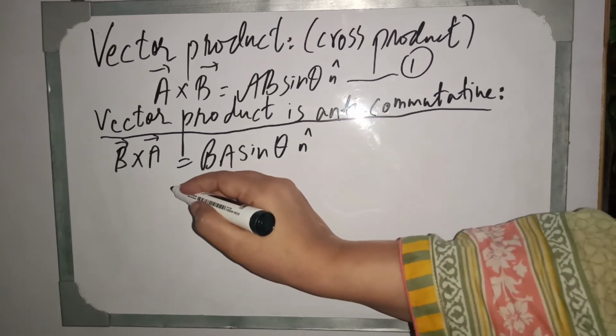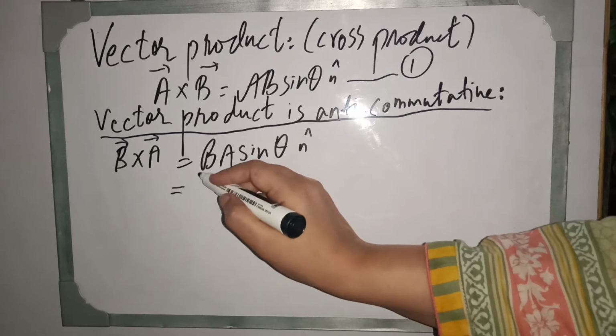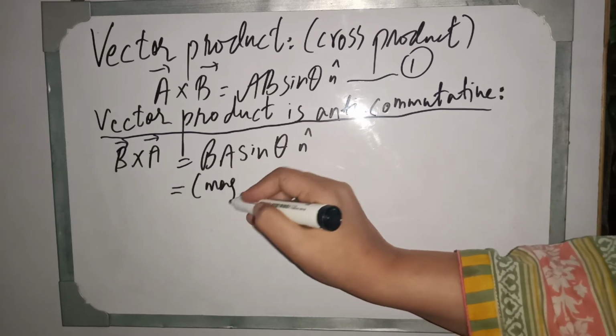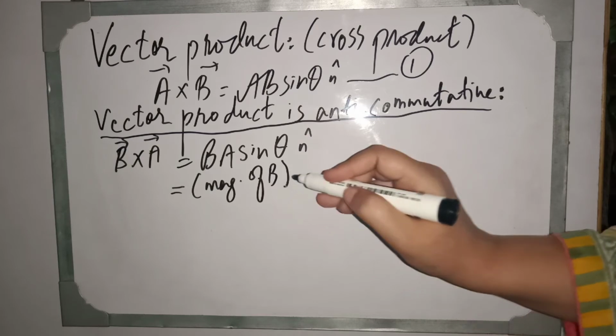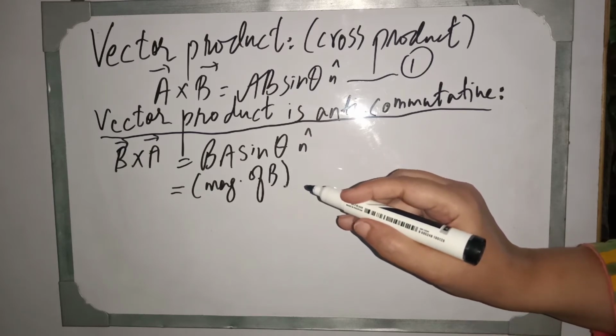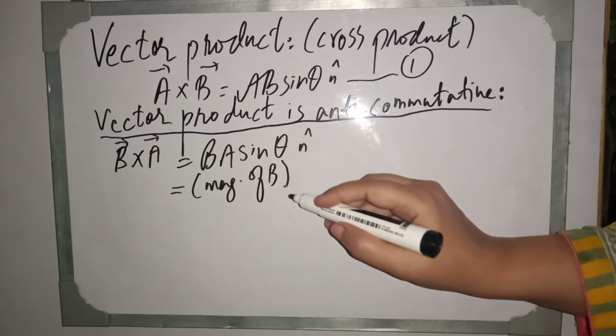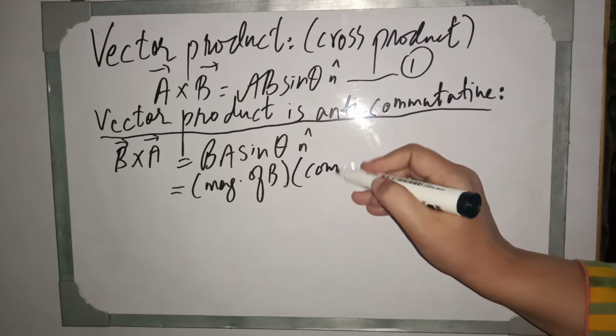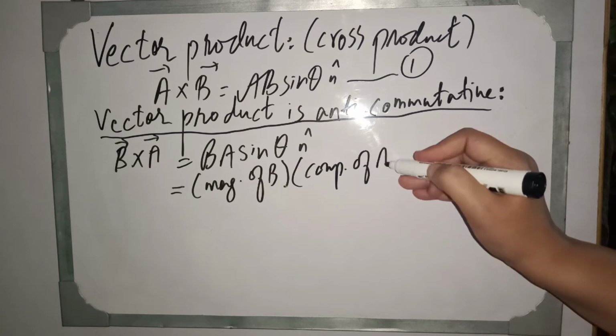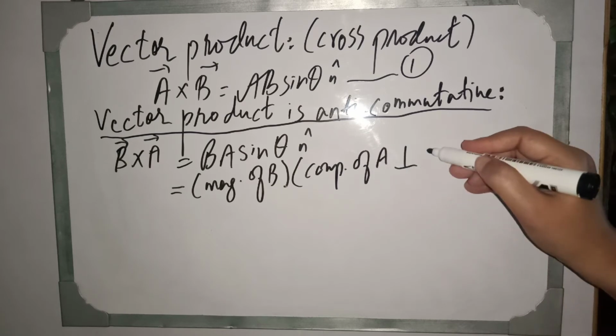Now what is this B A sine theta n? B means magnitude of B, and A sine theta means component of A perpendicular to B.